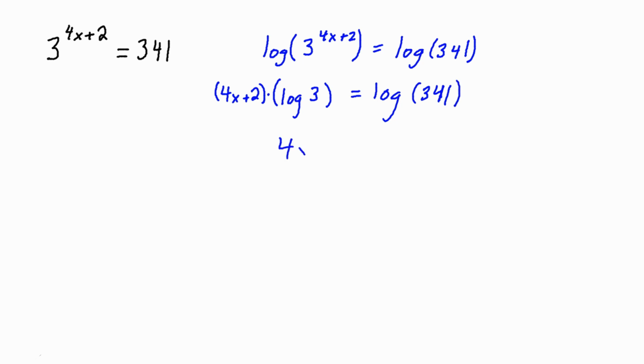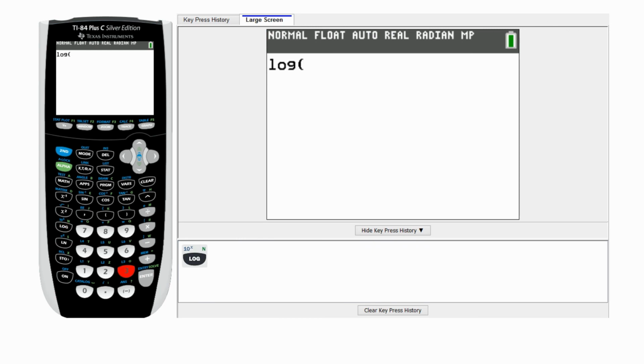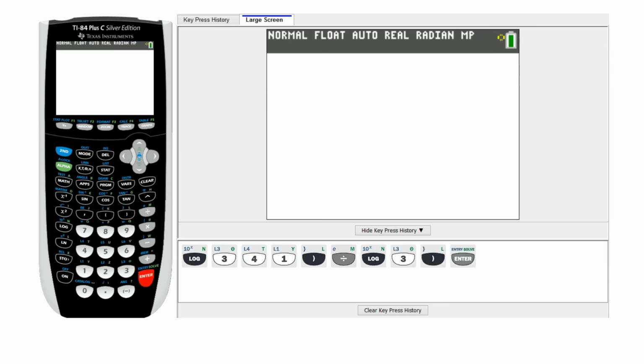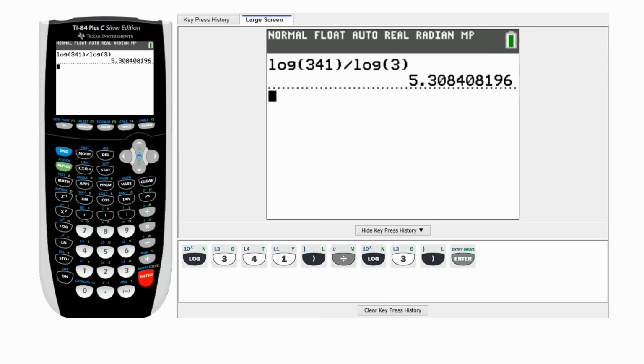So we have 4x plus 2 equal to log of 341 divided by log of 3. Calculating log of 341, close parentheses, divided by log of 3, which gives us 5.3084.